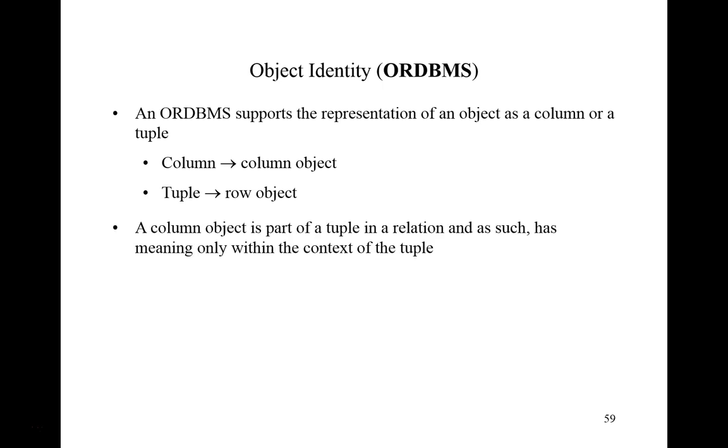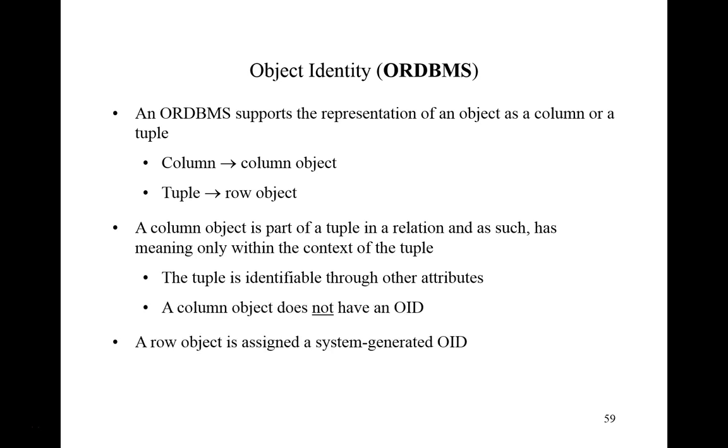So a column object is part of a tuple in a relation, and as such has meaning only within the context of the tuple. The tuple is identifiable through other attributes, the concept of the primary key. A row object, on the other hand, is assigned a system-generated OID.